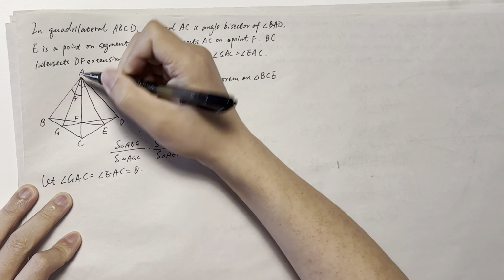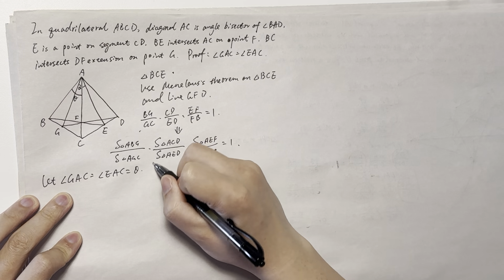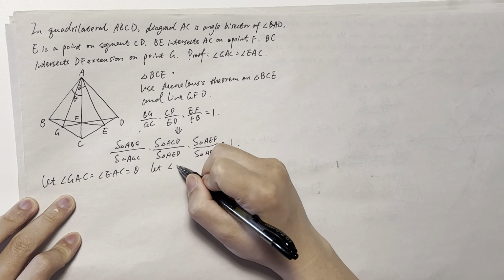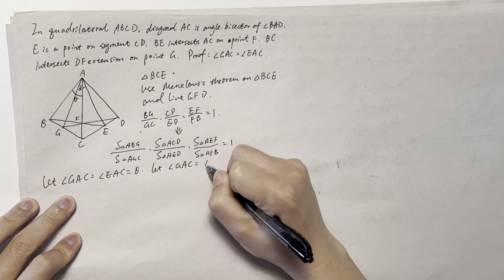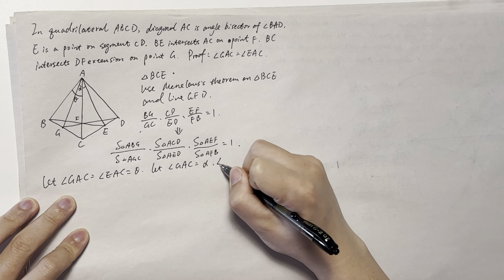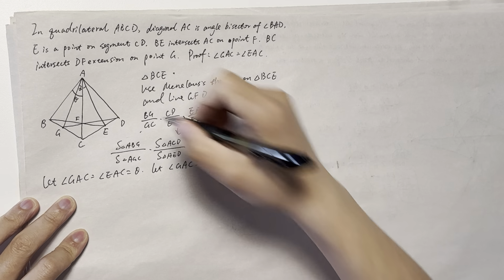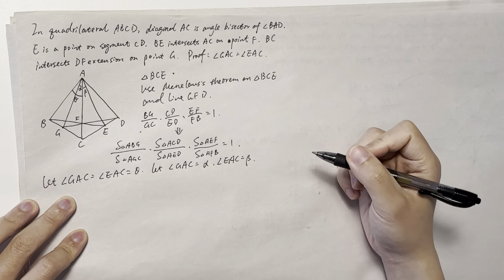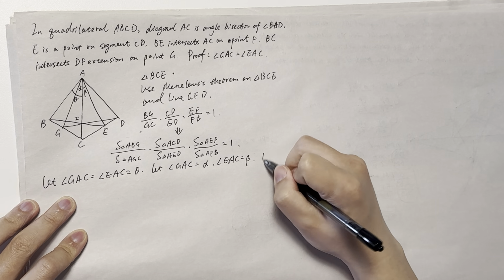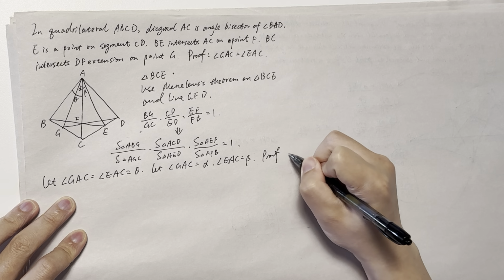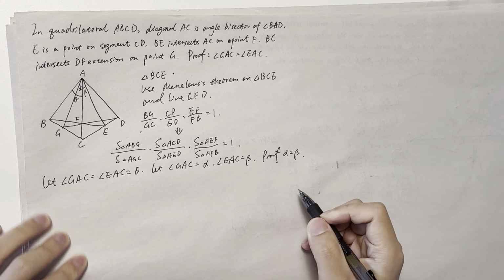We write it here, and we can let angle GAC equal alpha, angle EAC equal beta. Right, so we want to prove alpha equals beta.